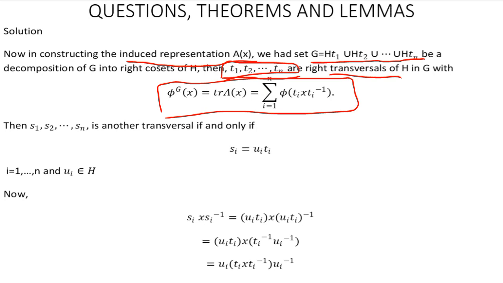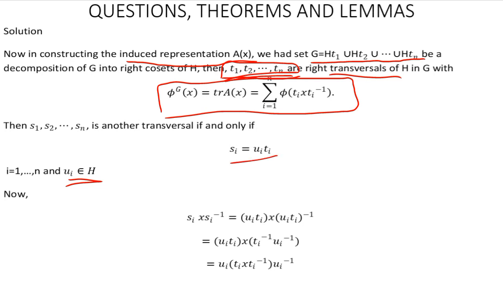You recall I had earlier said that these are the transversals for the induced matrix. So we're choosing this new transversal. You remember that we had Ti, so you can see the T here. We pick Ui from our H. Remember, H is the subgroup of group G. Now our new transversal is Si, as you can see there.